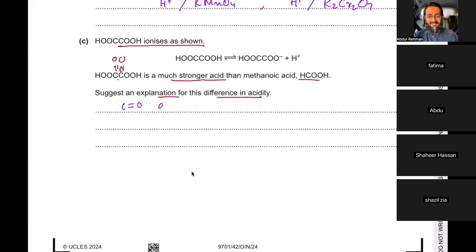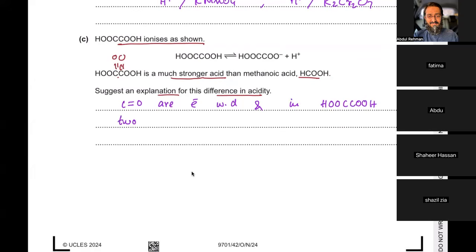So the carbonyl groups are electron withdrawing, and in ethanedioic acid, 2 C double bond O groups make the OH bond even weaker.